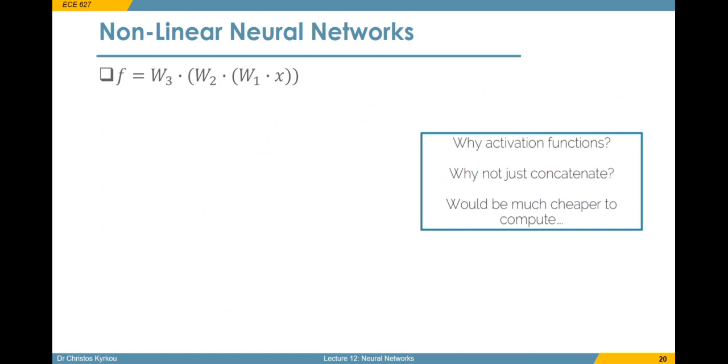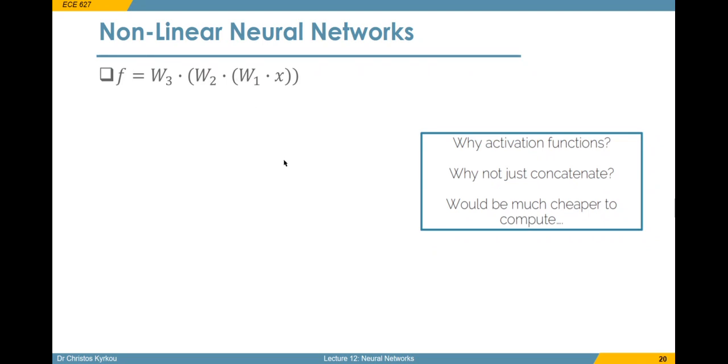The reason is the nested functions, as we see here. In the inner nest, we have the first hidden layer. So we multiply our input with the weight matrix of that layer, then that output with the weight matrix of the next layer, and that output with the weight matrix of the third layer.